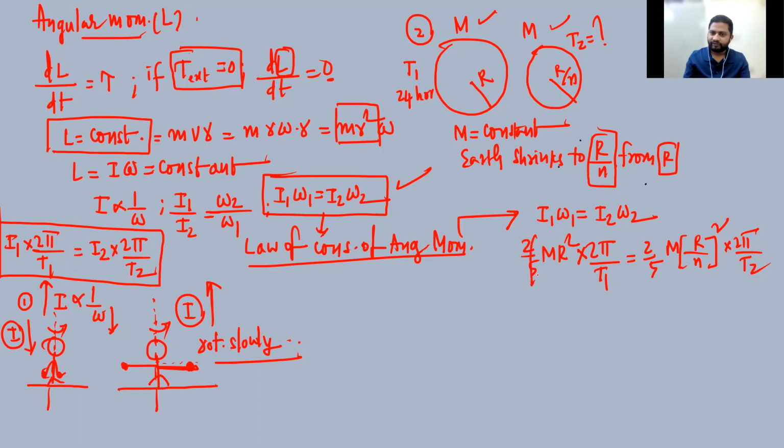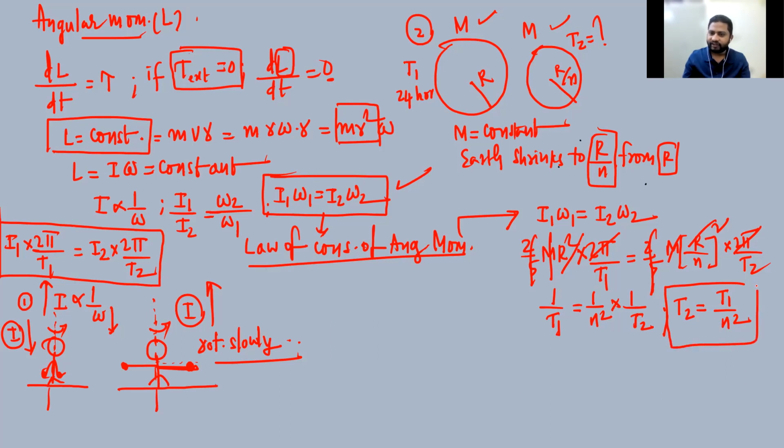Right? 2 by 5 m, 2 pi, R square cancel. So what is left here? 1 by T1 is equal to 1 by n square into 1 by T2. And most importantly, T2 is equal to T1 by n square. Very, very important.